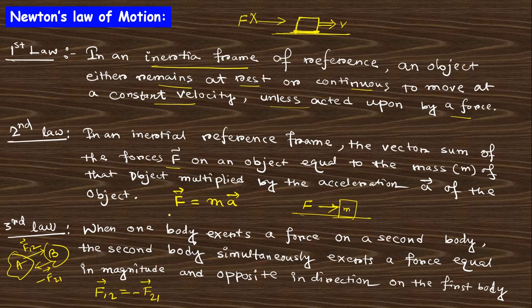Here you can conclude something about mass. If the mass is increased, then to produce the same acceleration, a larger external force is needed. So for a larger mass, you need to apply more force to produce the same acceleration. This is the concept of mass.